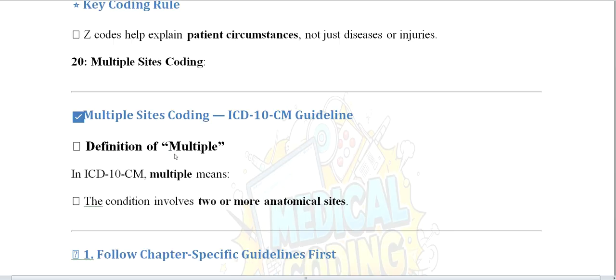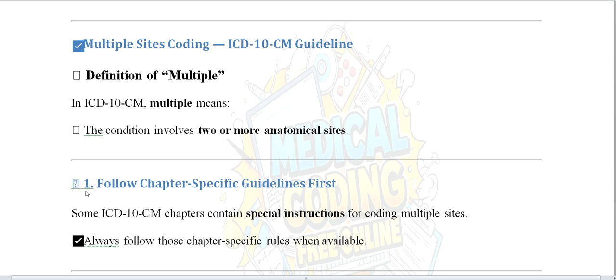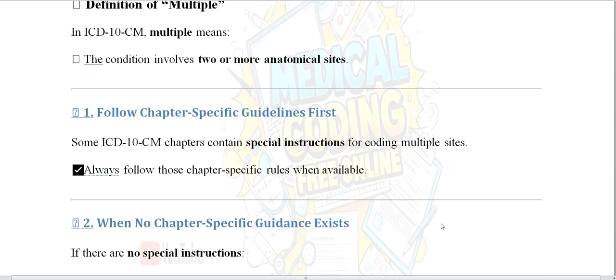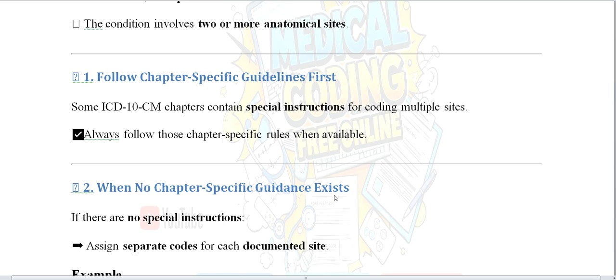Multiple site coding is the last heading. ICD-10 guidelines define multiple as a condition involving two or more anatomical sites. Follow the chapter-specific guidelines first. ICD-10 chapters contain special instructions for coding multiple sites. Always follow those chapter-specific rules when available.